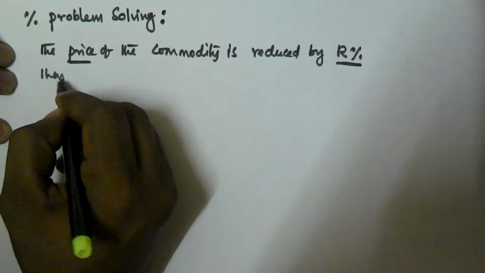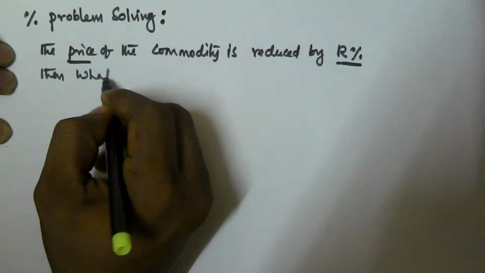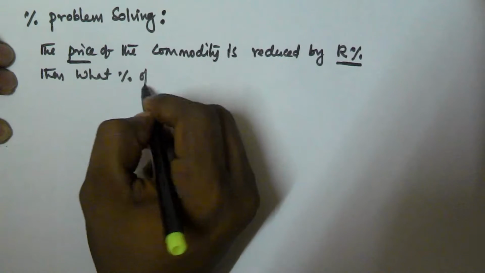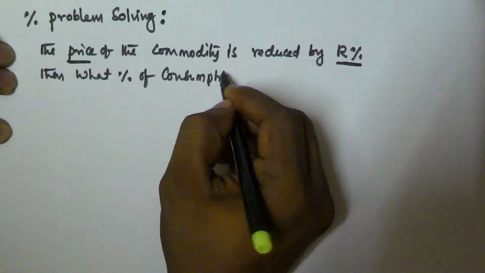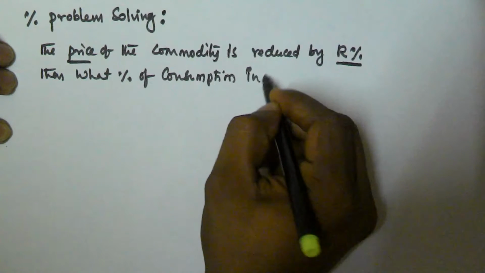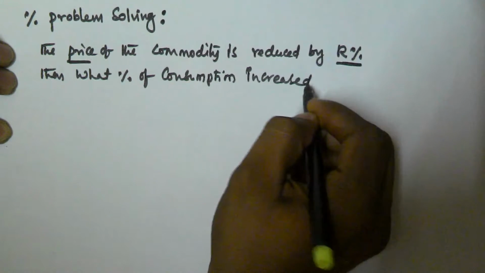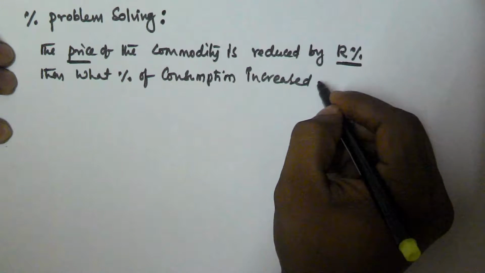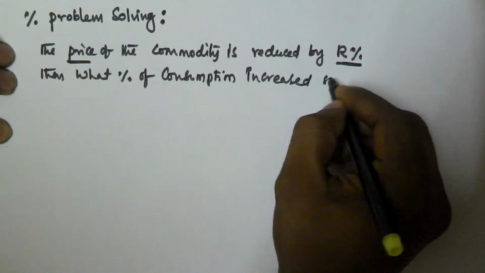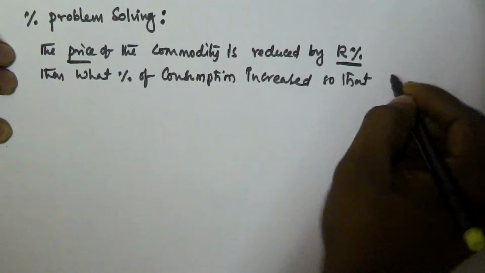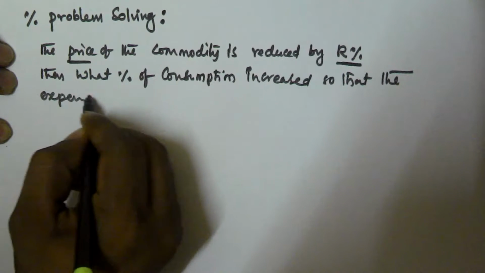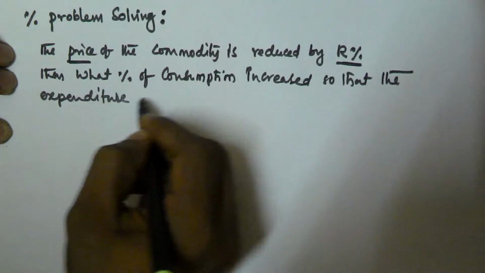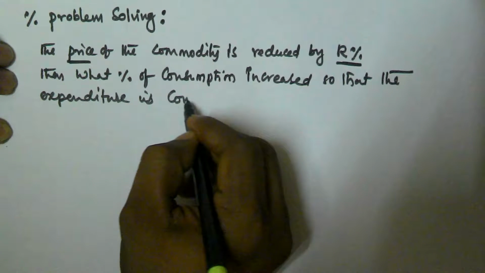Then what percentage of consumption must be increased so that the expenditure is constant?